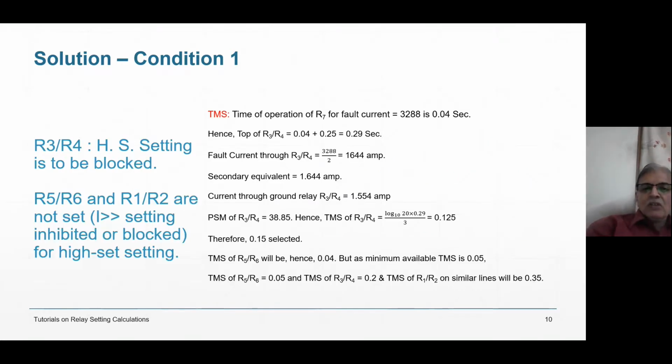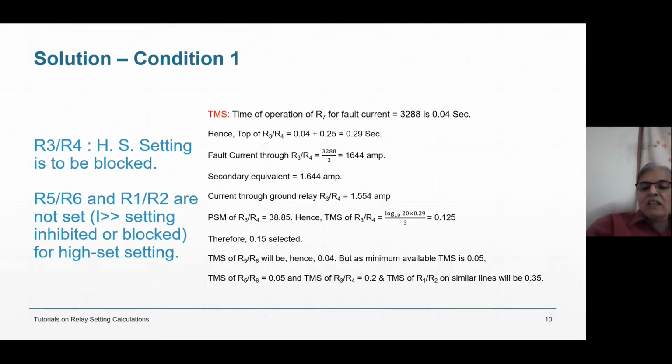The TMS of R3, R4 I found out, but as the minimum available is 0.05, if I select for R3, R4 as I have calculated 0.15, I cannot select that, because then R5, R6 would be 0.04, which is not available.